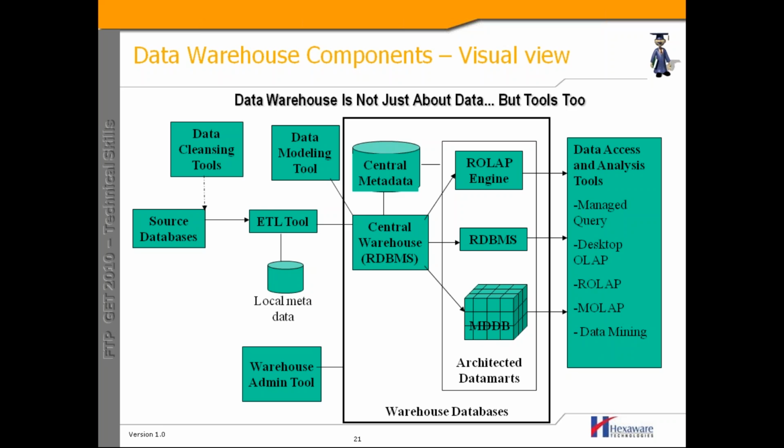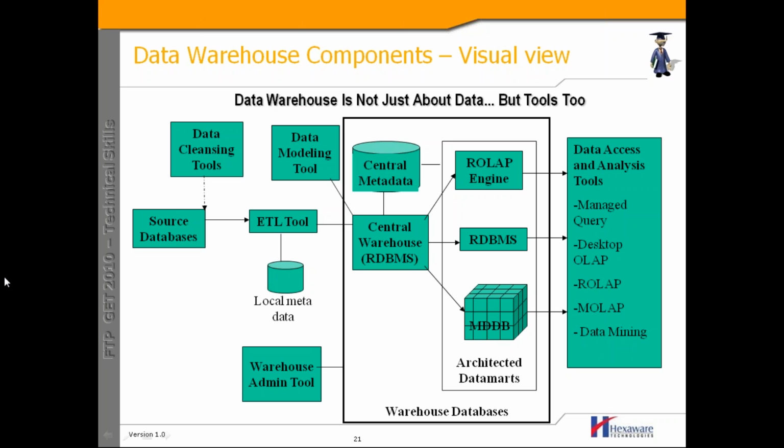The staging area will come into the picture; it's like a smaller picture of the data warehouse. The ETL tool, what you are seeing, is the place where all your staging will be done. From the source databases, it goes to the staging. Staging is the place where you see the ETL tool.